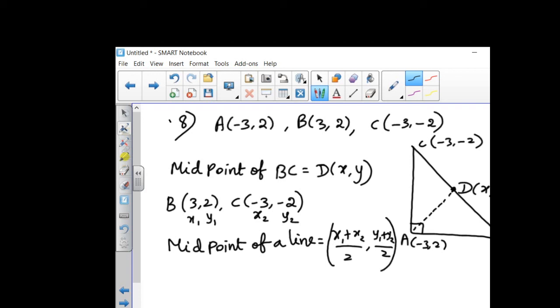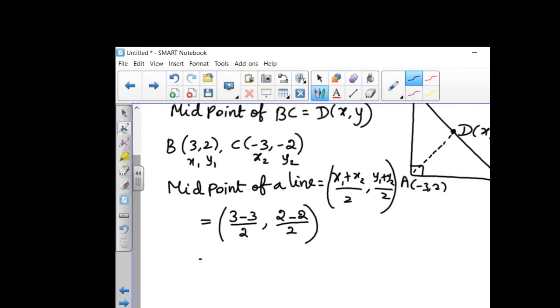That is equal to, x1 is 3, x2 is minus 3 by 2, then y1 is 2, y2 is minus 2 by 2. Therefore, what do you get? 0 by 2. Here also 0 by 2. That is 0 comma 0.